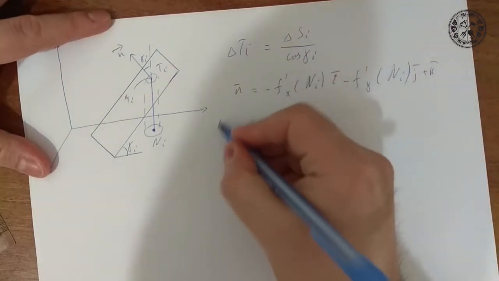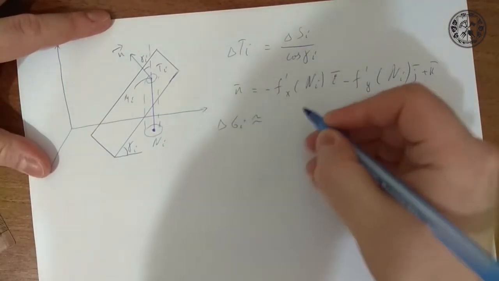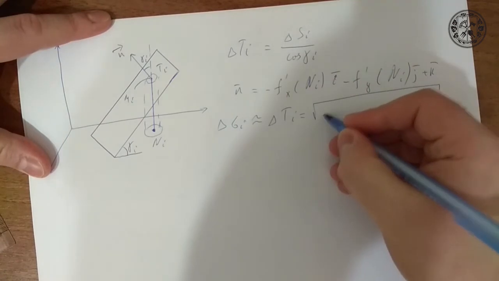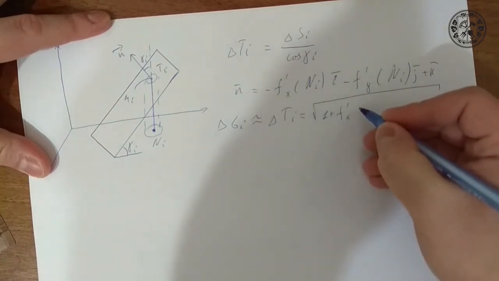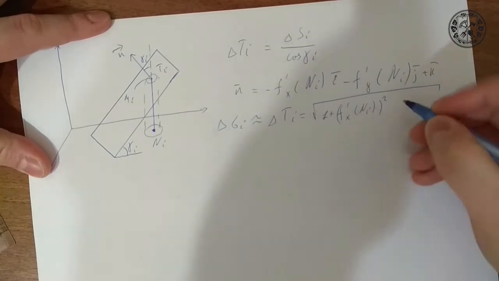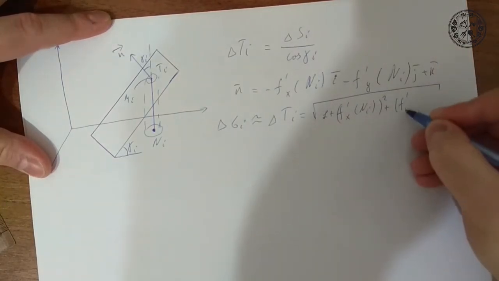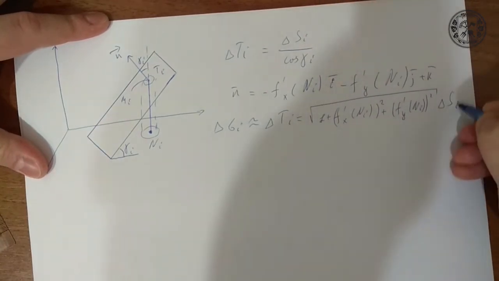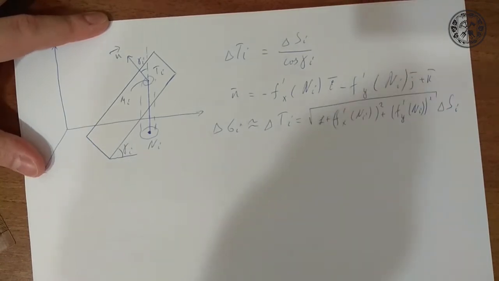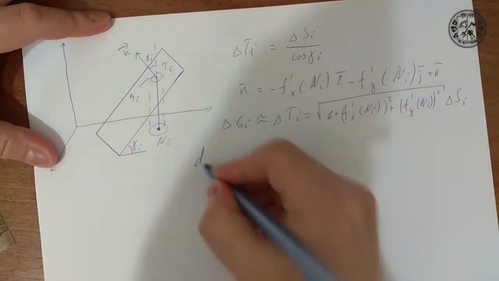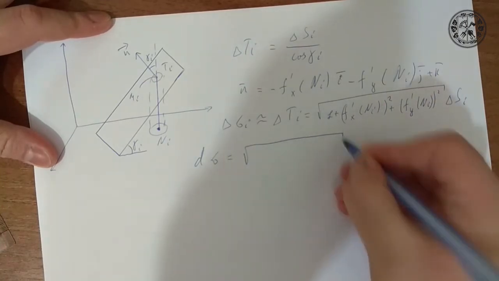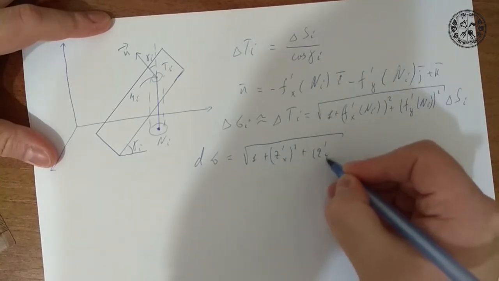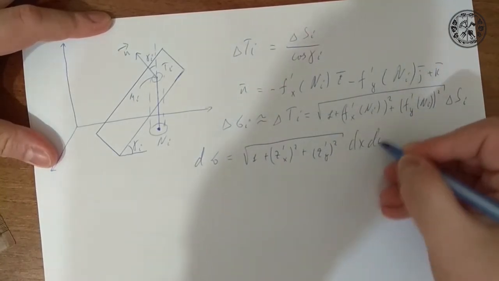So delta sigma i is approximately delta T i, which is the square root of 1 plus f derivative by x at N i squared plus f derivative by y at N i squared, times delta S i. And we can assume that d sigma is the square root of 1 plus z derivative by x squared plus z derivative by y squared, dx dy.